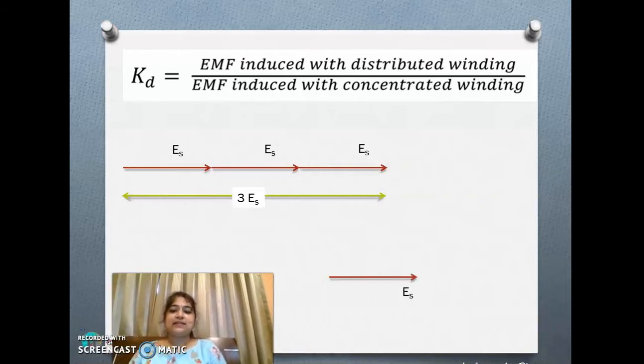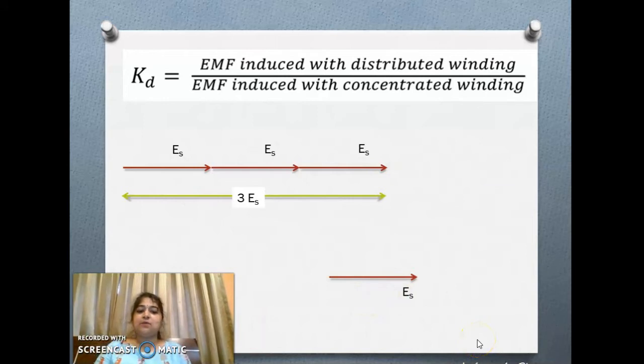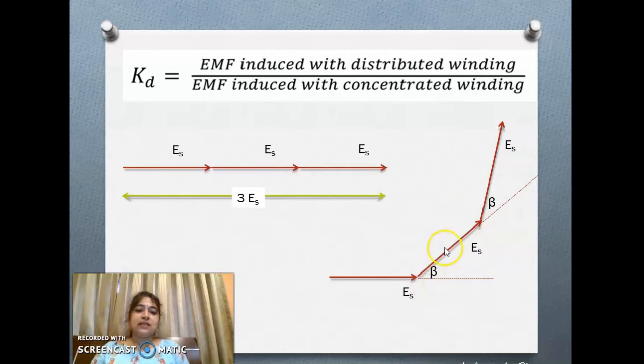To understand this vector sum better, ES is the EMF induced in one conductor of one slot. Then another ES will be the EMF induced in another conductor of the second slot, and this ES is the EMF induced in another conductor of the third slot. So the 3 conductors are displaced by angle beta, and hence the phasor angle by which they are displaced is also beta.